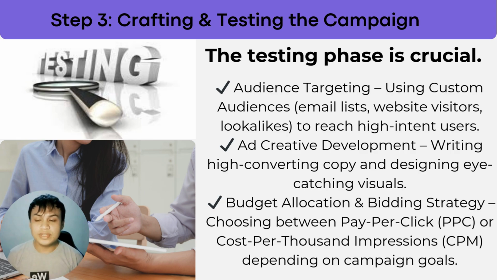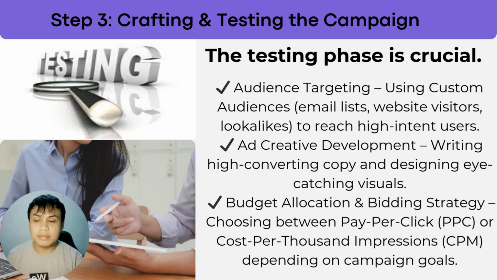And then, of course, there's the ad creative development. We should have a compelling ad copy for the ad creatives that should be eye-catching visuals to capture attention and drive engagement. And then there's the budget allocation and the bidding strategy. Now, regarding this one, it really depends on the campaign goals that we have.